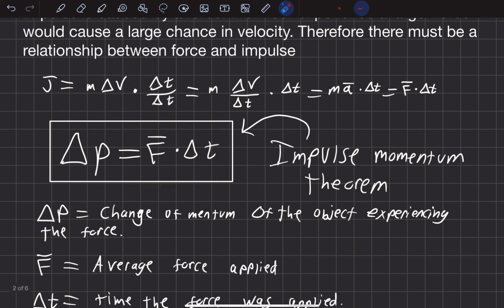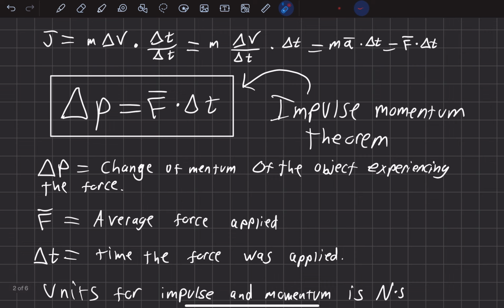And this is the impulse momentum theorem. The change in momentum, which again can be represented with J for impulse, is equal to the average external force experienced by an object times how long it is experiencing that force.